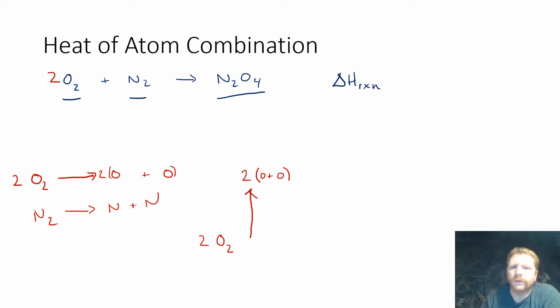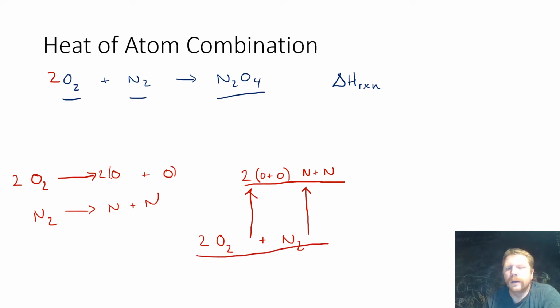You also need to ask yourself about your other reactant, N2, to N plus N. Okay, so you need to ask yourself, what am I doing here? In this phase right here, what I'm doing is I'm breaking bonds. I'm breaking the double bond that exists between O2, and I'm breaking the triple bond that exists between N2. With O2, I'm doing that 2 times over.